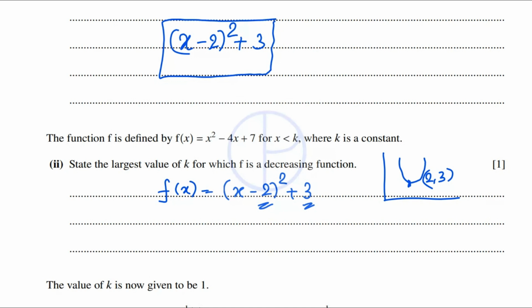When you look at this graph, we can say the gradient will be negative up to this point, or we can say f is a decreasing function up to when x is less than 2.